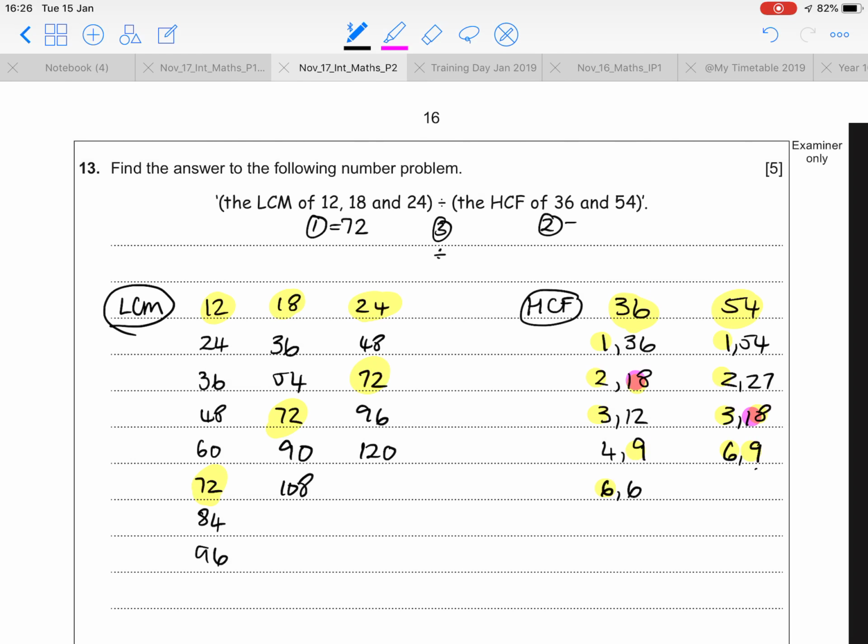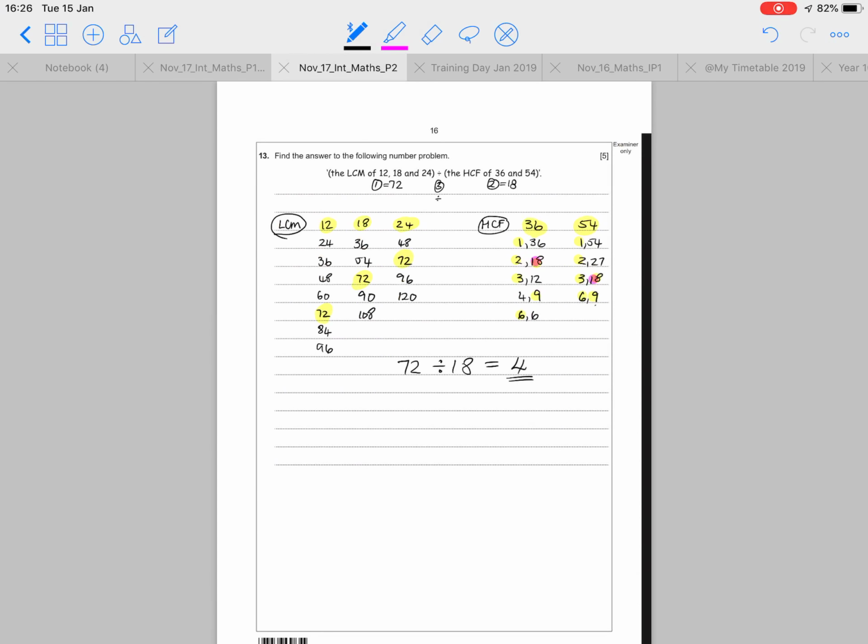So the highest common factor is 18. So the answer to my question, 72 divided by 18 equals 4.